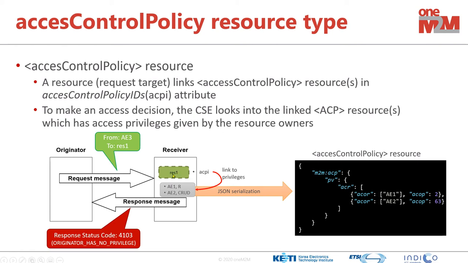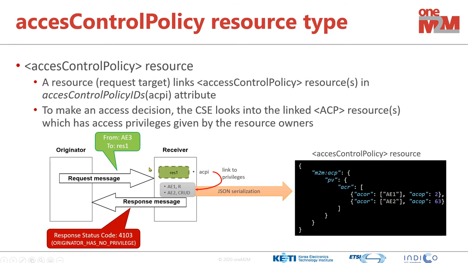Let's say this is the container resource, and the container has the attribute named ACPI, and ACPI stands for access control policy IDs, meaning there is a link from the resource that we are requesting access for, and the privileges for that resource are linked from the targeted resource to the access control policy resource, because the access control policy resource has all the privileges settings.